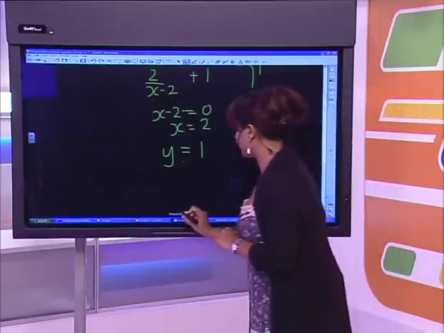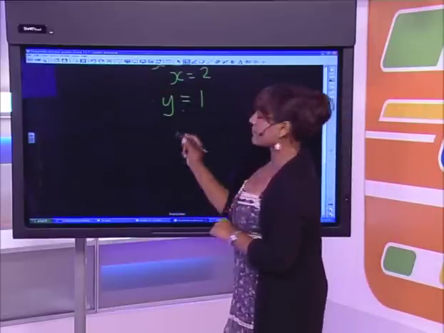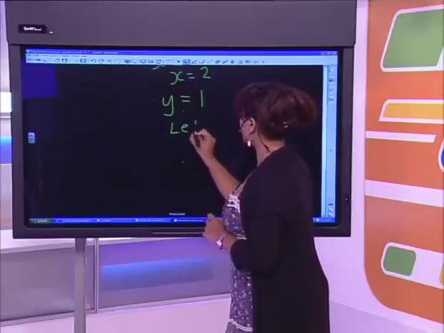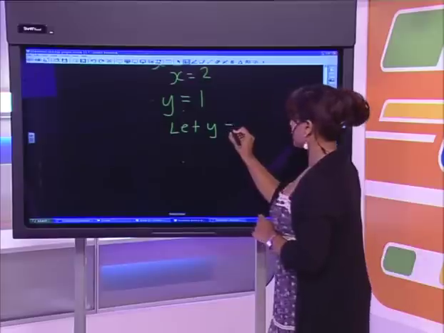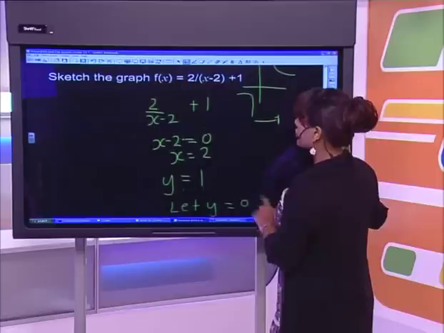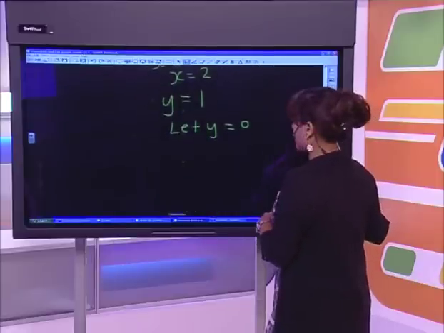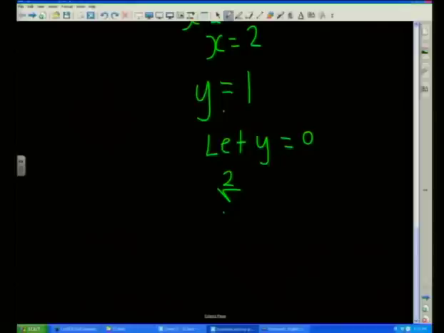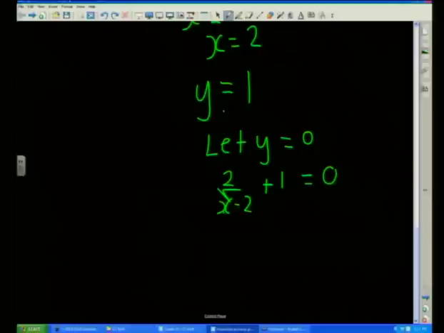To find the x-intercept, we say let y equal 0. So we're taking the function they gave us, which is 2 over x minus 2 plus 1, and we're saying the y value there is equal to 0.